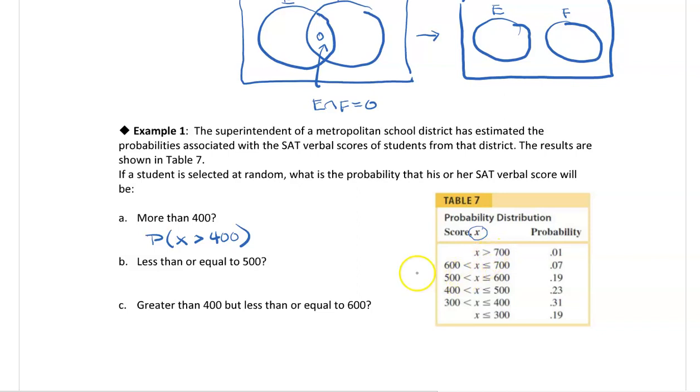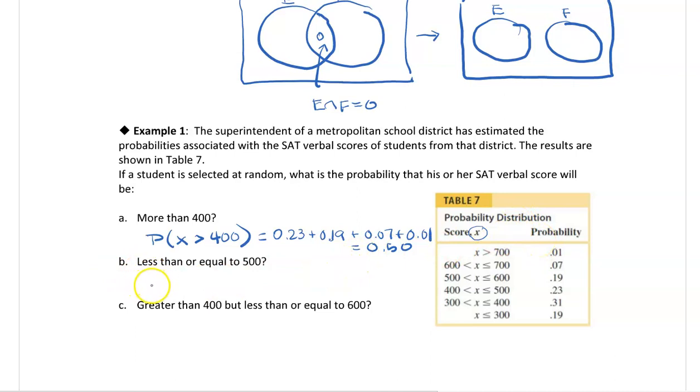We want all of those scores, and all of them are above 400, so all we have to do is add up those probabilities: 0.23 plus 0.19 plus 0.07 plus 0.01. We add that all up and it comes out to 0.50. That's the probability that someone scored greater than 400 in this district on their SAT.